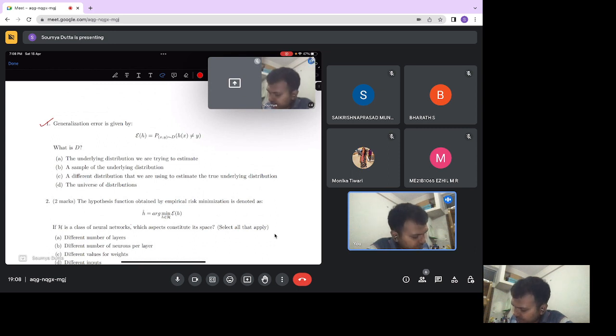Generalization error is given by E of H, where x and y come from a particular distribution. H is the hypothesis that you have, y the true labels, and H of x is therefore the predicted labels.